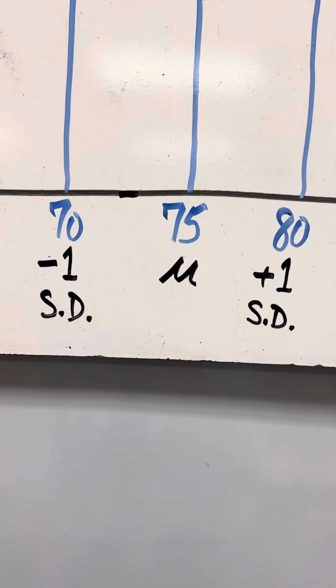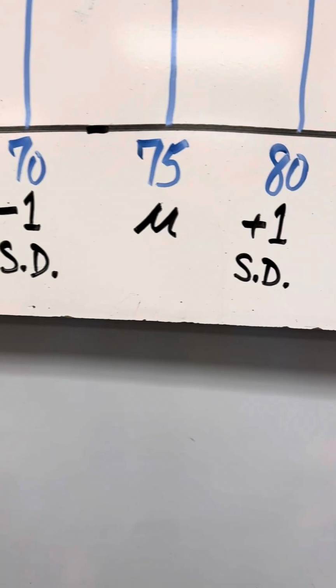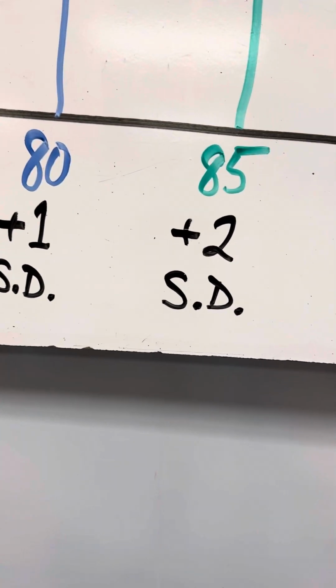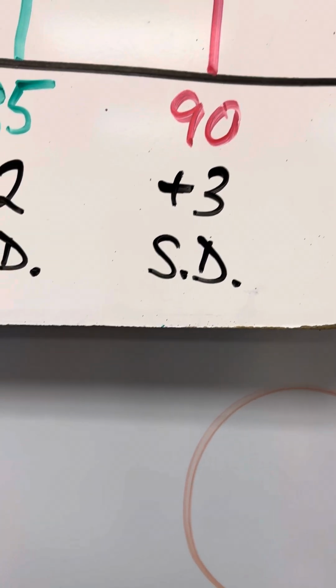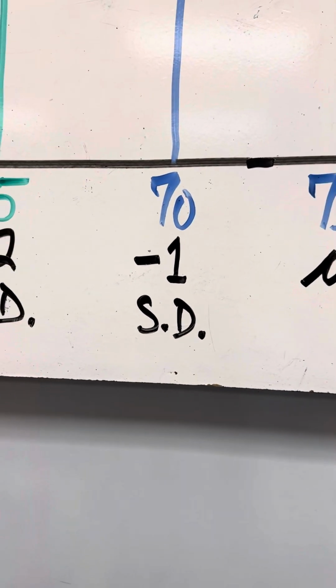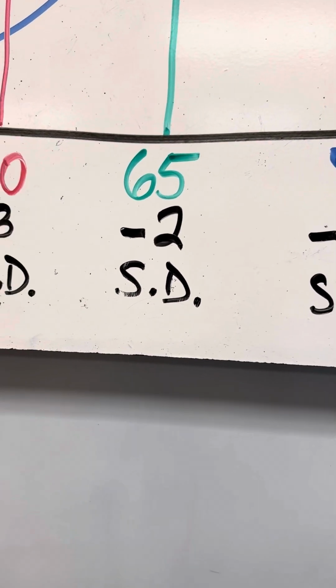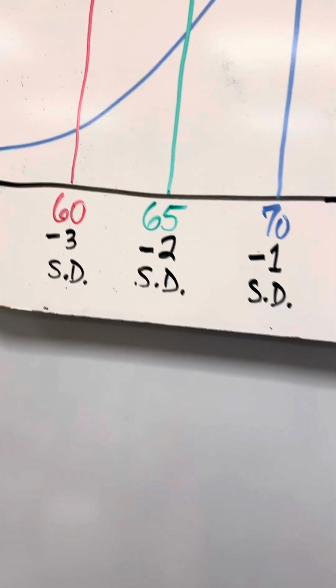The standard deviation is 5, so one standard deviation to the right would be 80. 2 standard deviations, 85. 3 standard deviations, 90. -1 standard deviation, 70. -2 standard deviations, 65. And -3 standard deviations, 60.